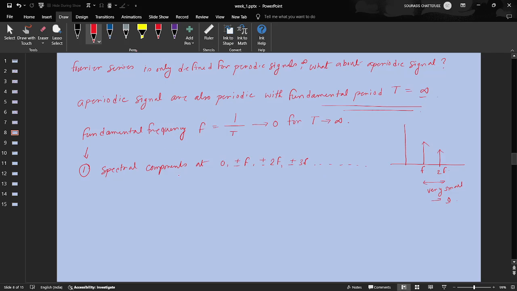You are supposed to have spectral components at 0, plus minus f, plus minus 2f, plus minus 3f. What happens when this f tends to 0? That means you have almost spectral components at every frequency, right?